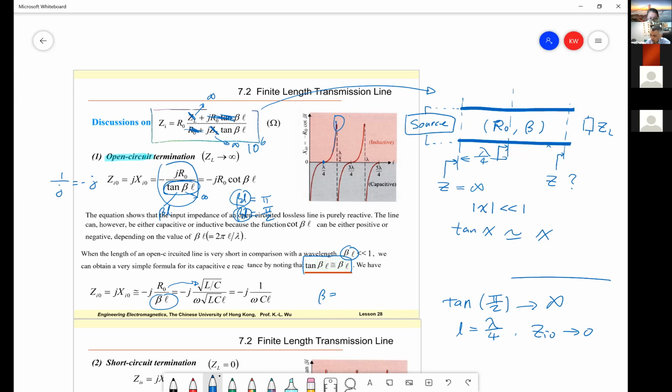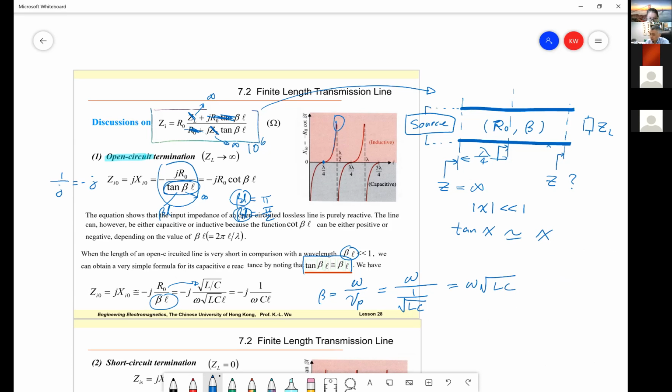Because beta equals omega divided by the phase velocity, and we know the phase velocity is 1 over the square root of L C. So this is interesting.